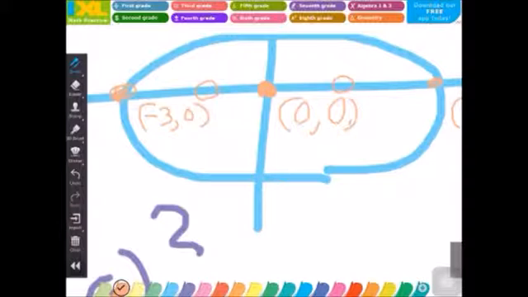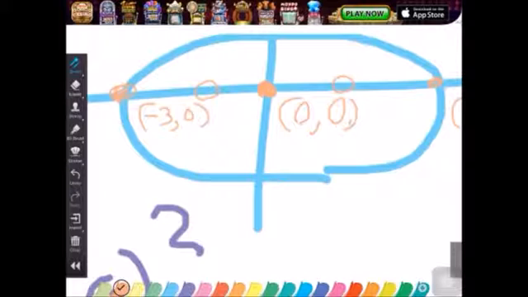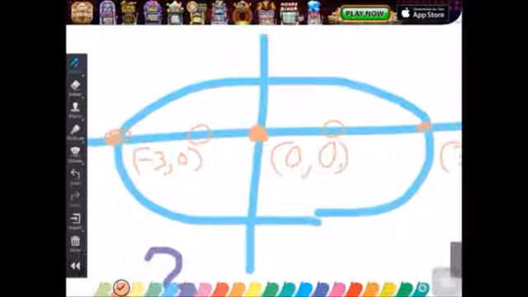And these 2 points act as a little distance tool that can help determine how round an actual ellipse is. So let's pick 2 points on the outer side of the ellipse, right here and right here.